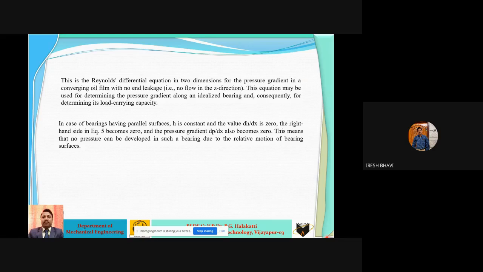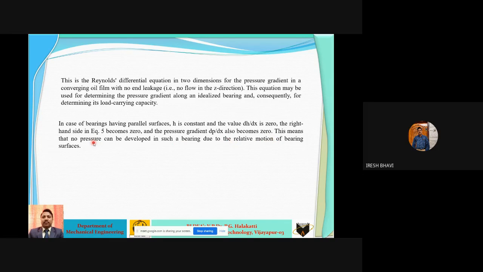So load is equal to what? Pressure into area. Then in case of bearings having parallel surfaces, h is constant and the value of dh by dx will be 0. Hence, the right hand side of equation 5 becomes 0 and the pressure gradient dp by dx also becomes 0.